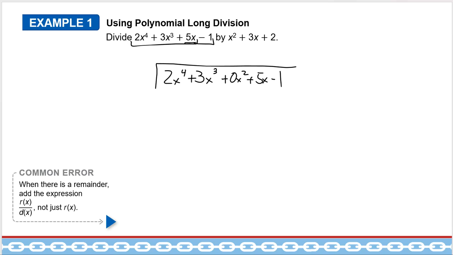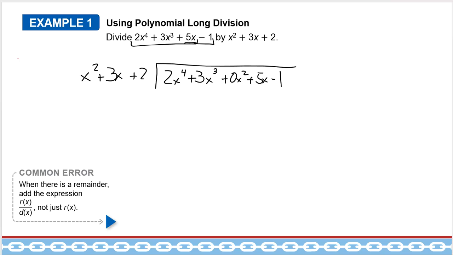And I am dividing that now by x squared, and again, I need to have all of my terms in order here, plus 3x plus 2. Now, we are ready to do our long division. This looks super intimidating. It's not the easiest process, but it's not quite as bad as it looks.